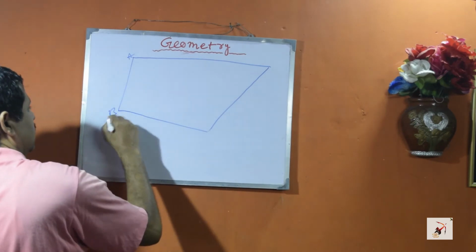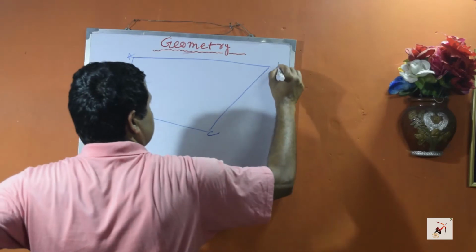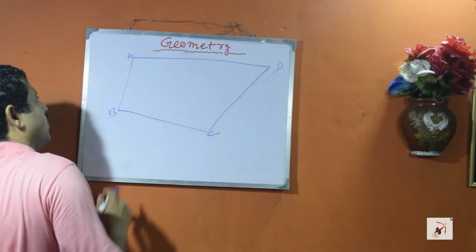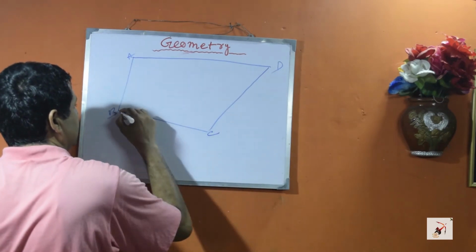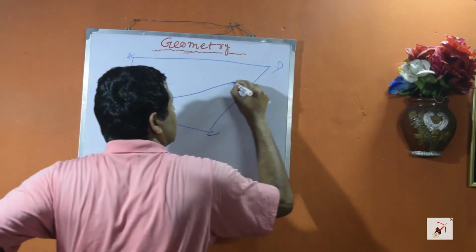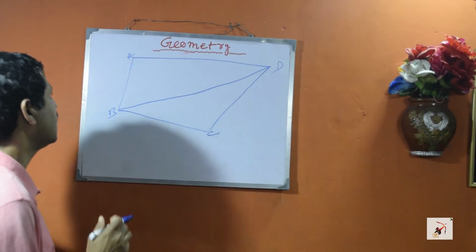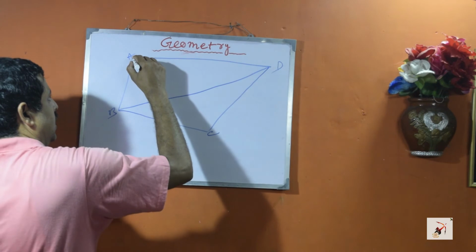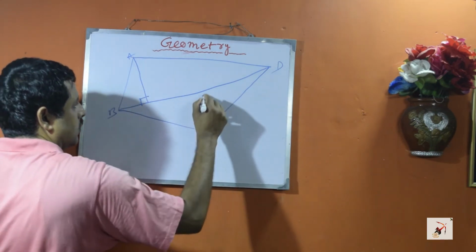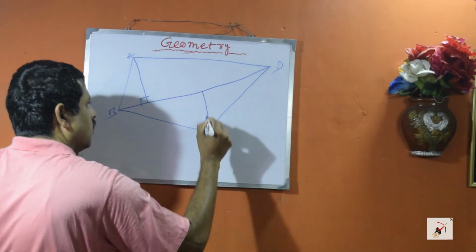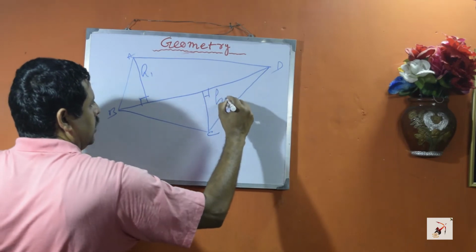The vertices A, B, C, D I am writing in anticlockwise direction. The opposite vertices are AC and BD. If we connect BD or AC, this is a diagonal. Here BD is the diagonal. Now let us draw two perpendiculars from A and C respectively, H1 and H2.